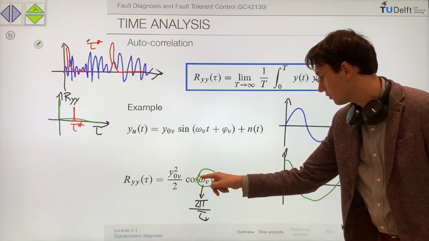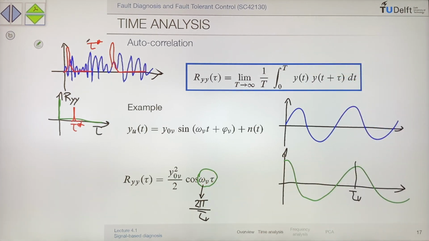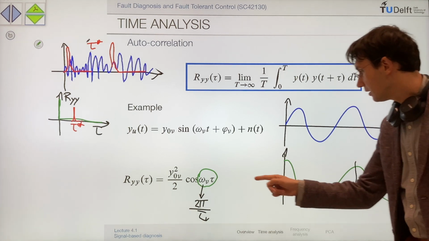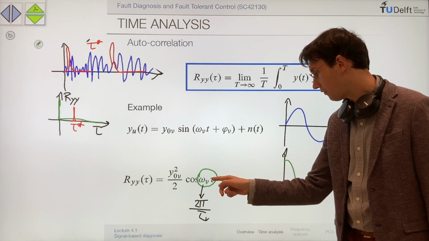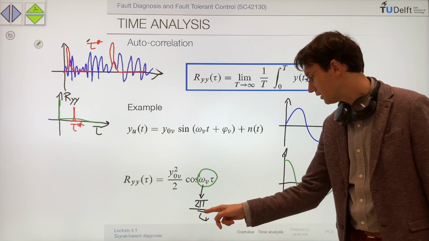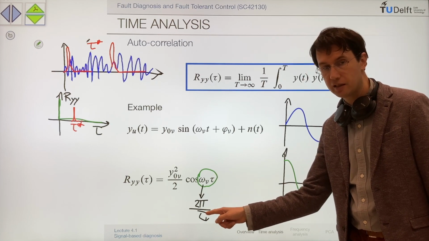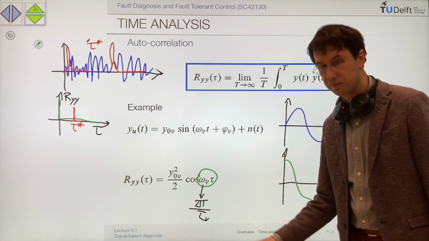So you have the cosine of 2 pi. The cosine of 2 pi is 1. So you have another peak here. But you have also peaks for every value of tau that is an integer multiple of the period.